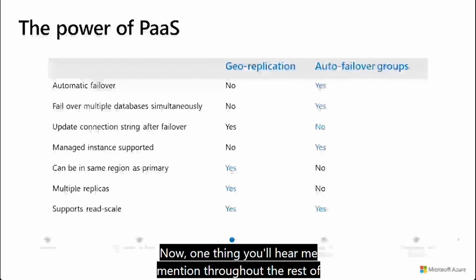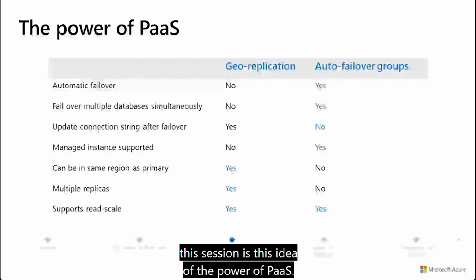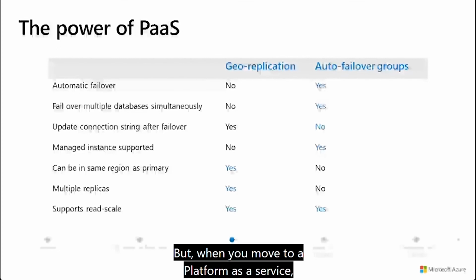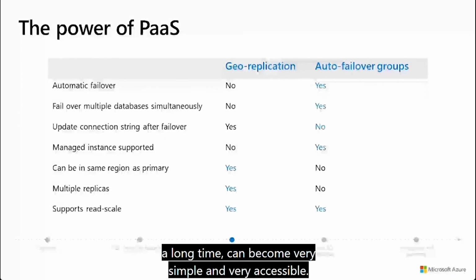Now, one thing you'll hear me mention throughout the rest of the session is this idea of the power of PaaS. And what I mean by this is that you get a lot just moving to Azure, hands down. But when you move to a platform as a service, a lot of these things that might have taken a long time can become very simple and very accessible.